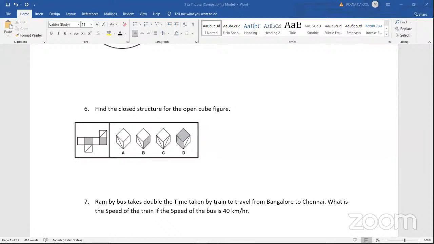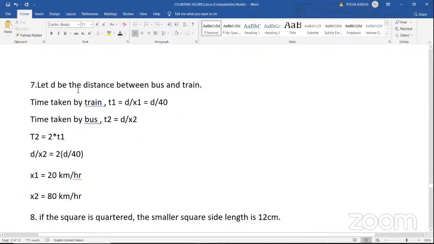If we do, you can directly get the answer how I tell you. We'll see logically right now. Shortcuts we will do later. Let D be the distance between Bangalore and Chennai. D is the distance between both of them.